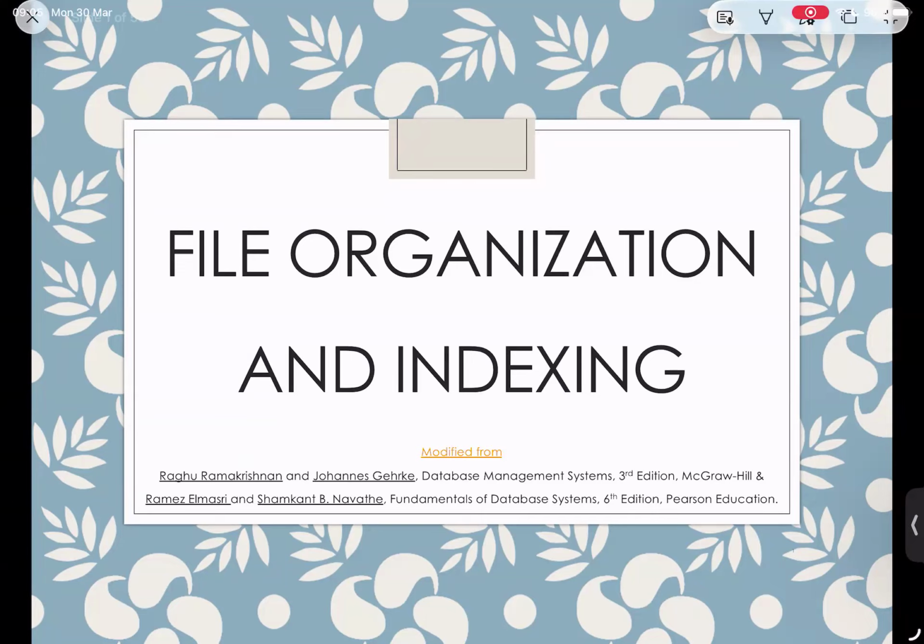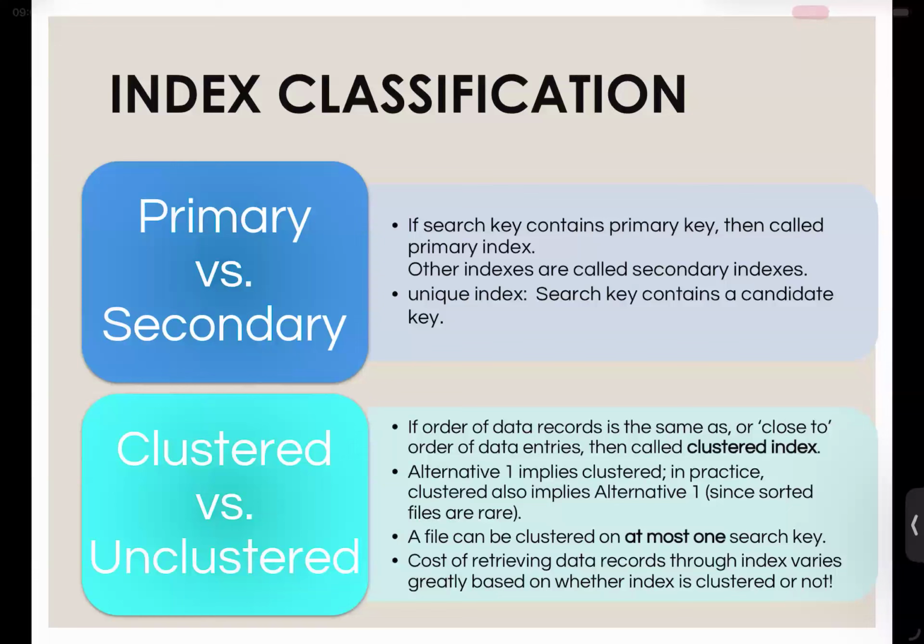All right. So today we will continue from last time, when we started talking about indexing and how important it is. Last time we talked a little bit about alternatives 1, 2, 3.